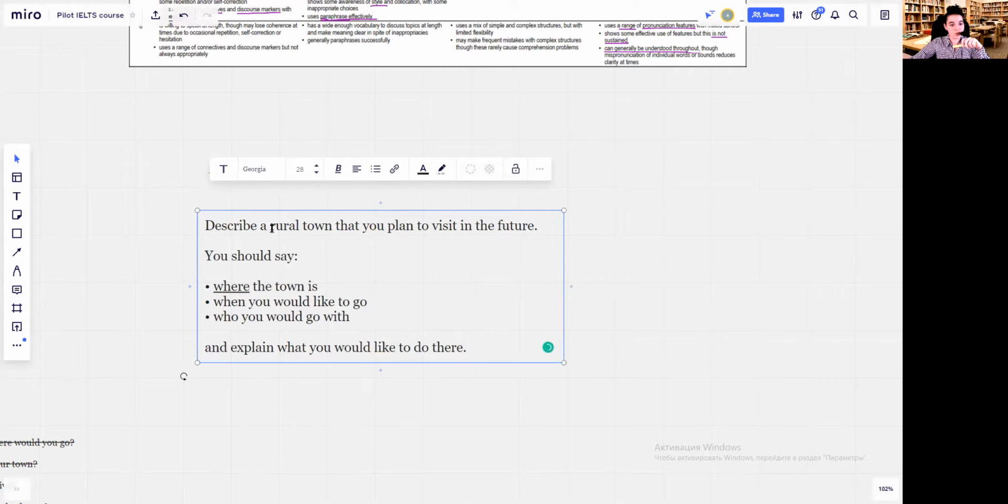You should notice that you want to talk about the rural town, a rural town that you plan to visit in the future and not visit it or live in. When you would like to go is the next point. Who you would go with is another thing to cover.